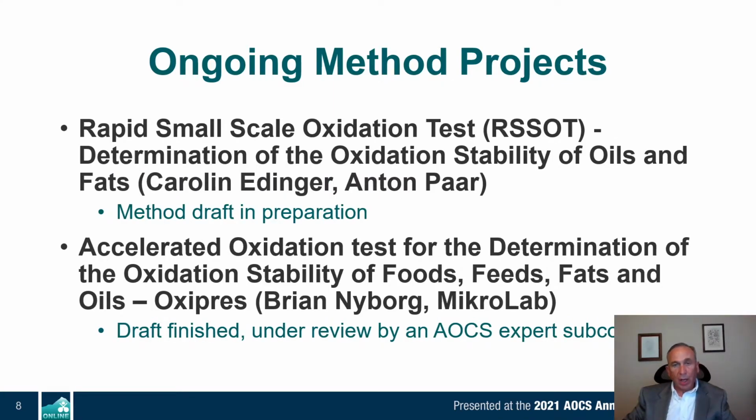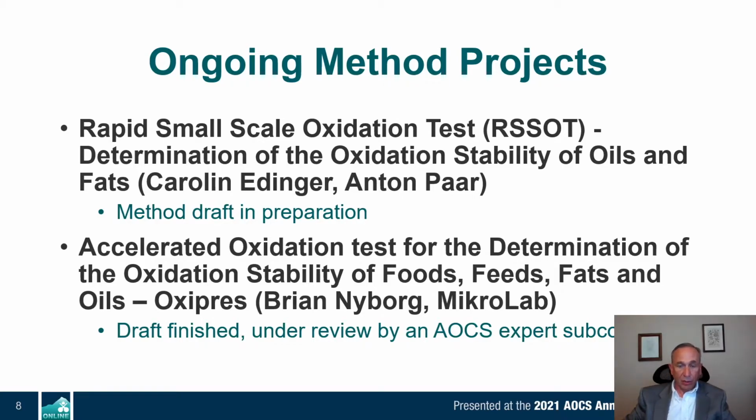We have two oxidation methods that are being developed right now. The first, the RSSOT, which is a small-scale oxidation test, is very quick, and it's been brought to us by Anton Paar, and it's for determining the oxidative stability of fats and oils. The manuscript is almost finished.